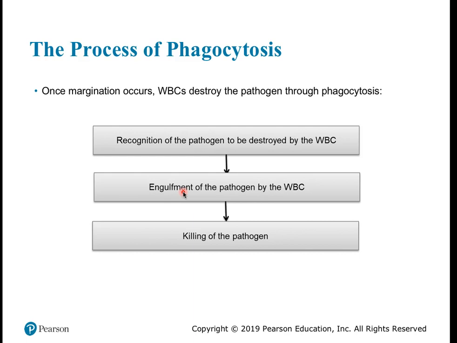I like to think about phagocytic neutrophils as like amoebas because they're able to change their shape. And so they're able to engulf and internalize the pathogen. Then they have organelles like lysosomes that contain digestive enzymes and poisons, and the lysosomes have the ability to internally destroy, kill the pathogen.